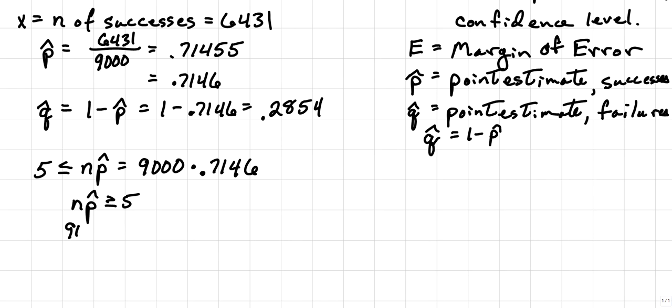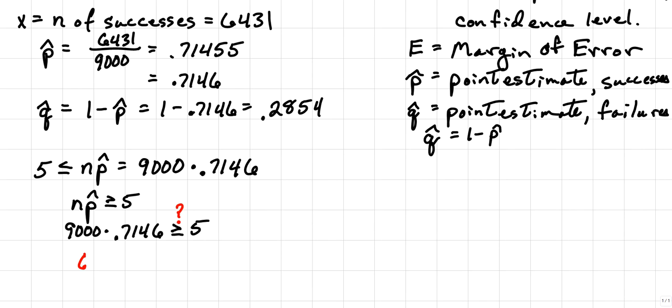Either way we look at that, we still are going to be multiplying 9,000 by 0.7146, and we want to question whether or not this is greater than or equal to 5, so I'll put a question mark above it until I do the actual calculation. Once I do that calculation, then I can remove the question mark if it's a true statement, and determine which way I'm going to go.